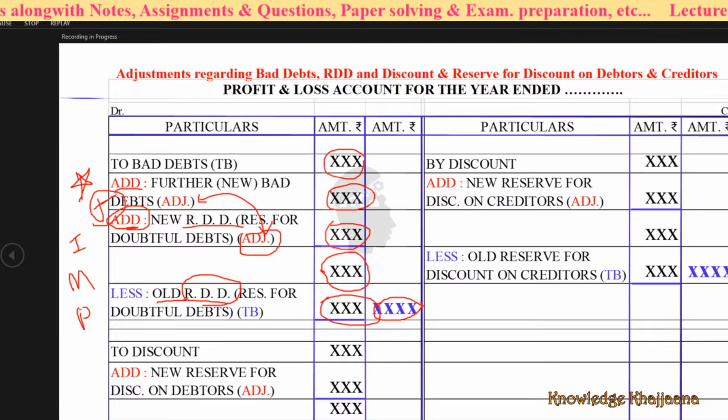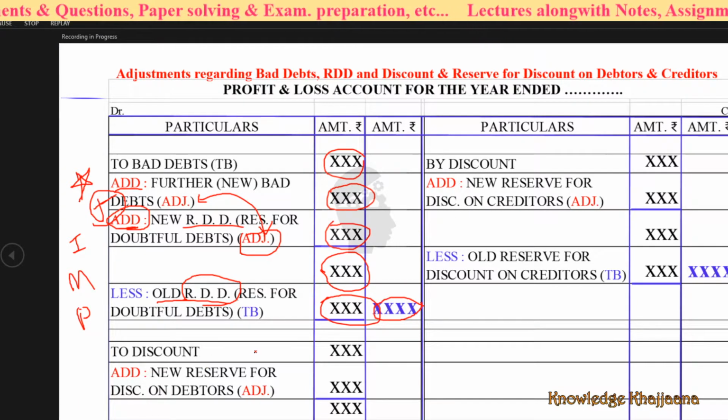But this much of debtors did not come true. So we had made the provision for this amount last year, but they didn't become bad debtors this year. So we have to deduct that amount, and this would be your final amount.